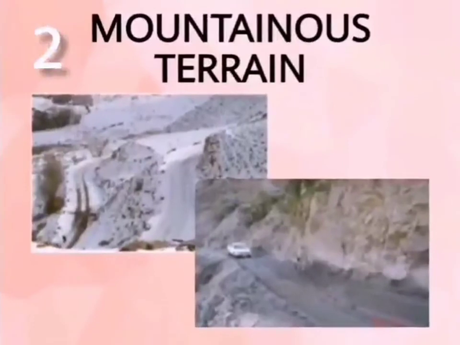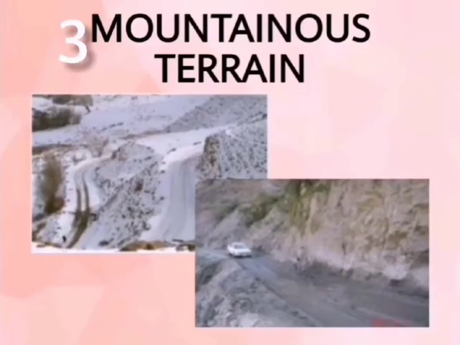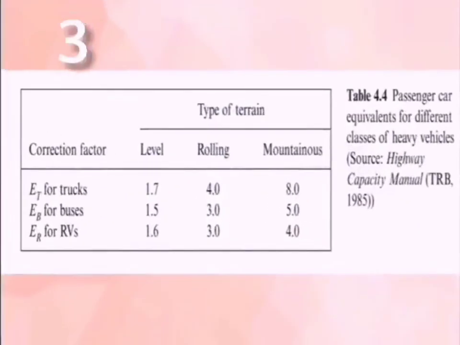Lastly is mountainous terrain. Those gradients or horizontal alignments result in the heavy vehicle operating at its maximum speed for a substantial distance. In this table, it shows the values given by the Transportation Research Board.